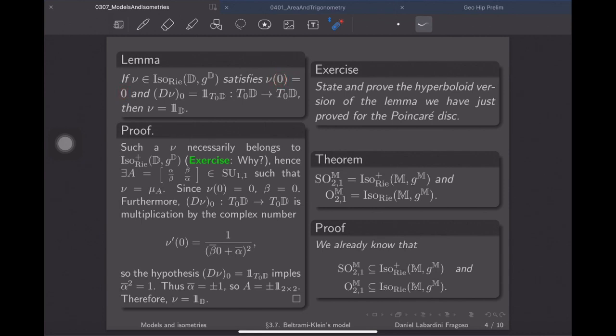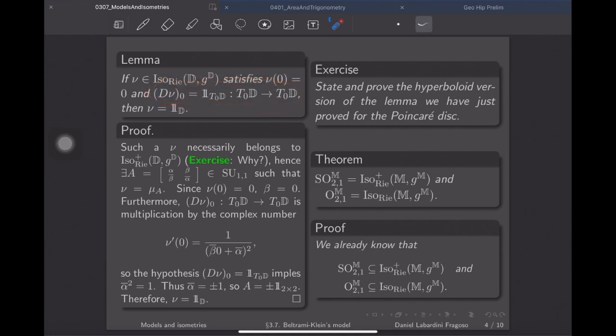You see, so you know that it fixes 0. So you know how it behaves on one point, right? So you know it fixes 0, and also in that point of which you know the behavior, you also know the behavior of the derivative.